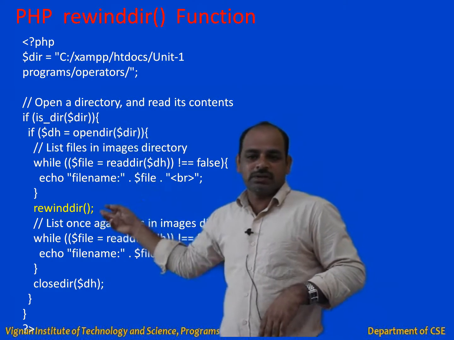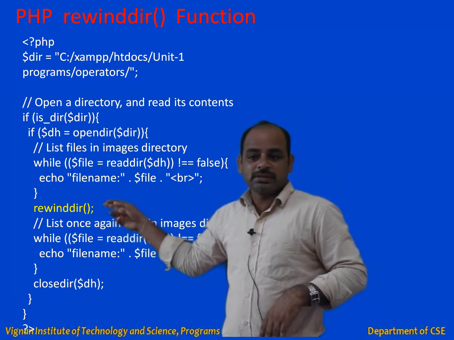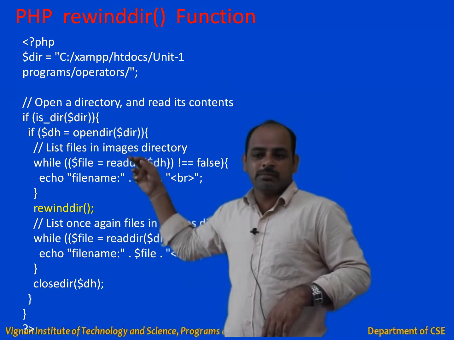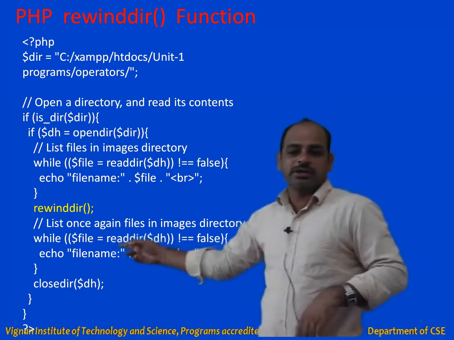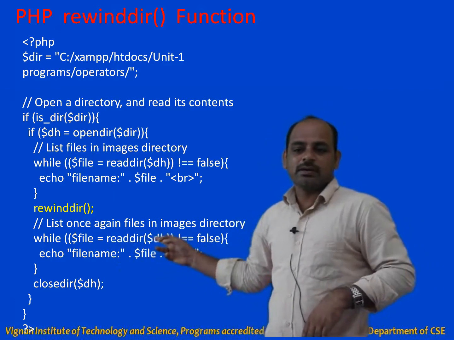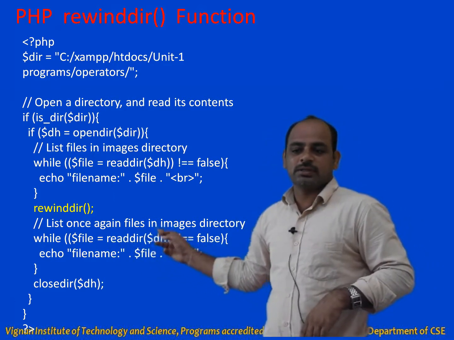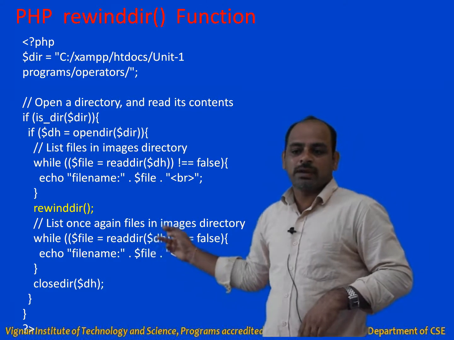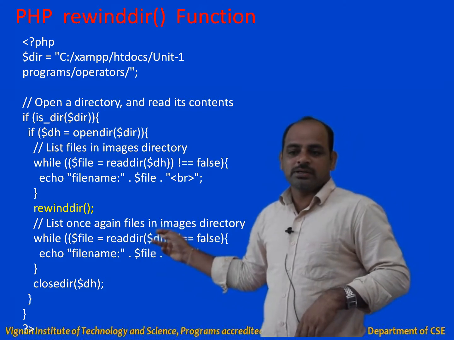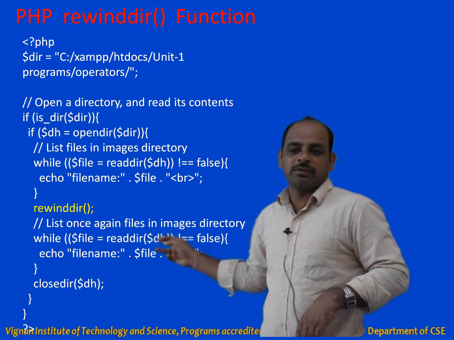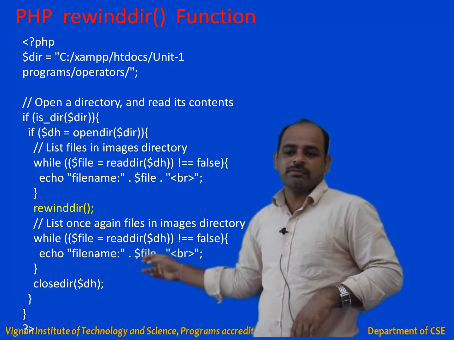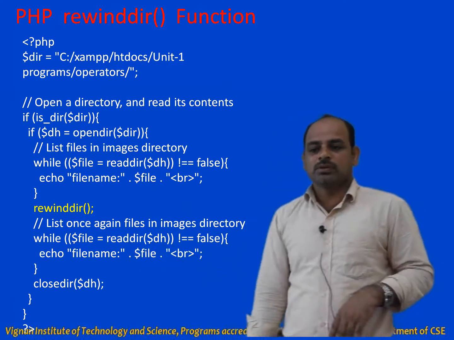Again we start reading, file equals readdir, where dh is nothing but the directory handle, whose value has been reset to the beginning of the directory. Again we start reading the same files, and finally we have to close the directory.